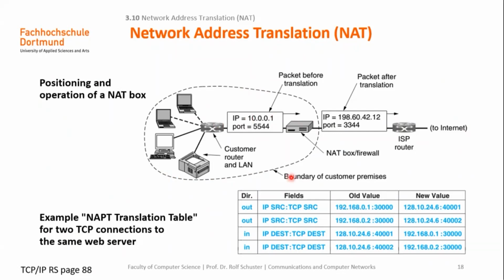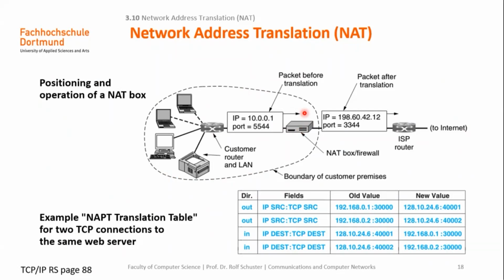We need to perform the network address translation in this box that is typically a firewall, a router that performs some kind of packet filtering in order to protect this private network from attacks from the internet.